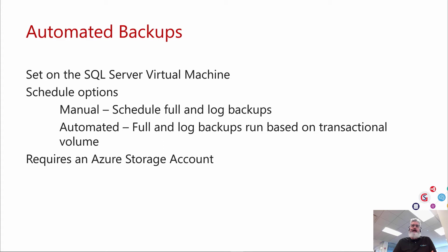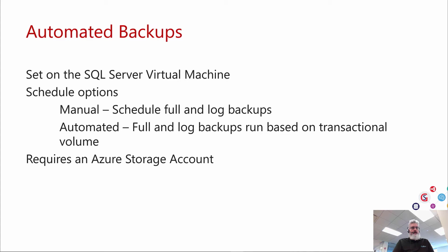And in this case, Azure will control that schedule. And one of the things that this gives you is that log backup being run based on transactional volume. So just like the PaaS offering, if you start to write more data to your database and your transactional volume increases, that backup frequency will automatically increase and run more frequently.